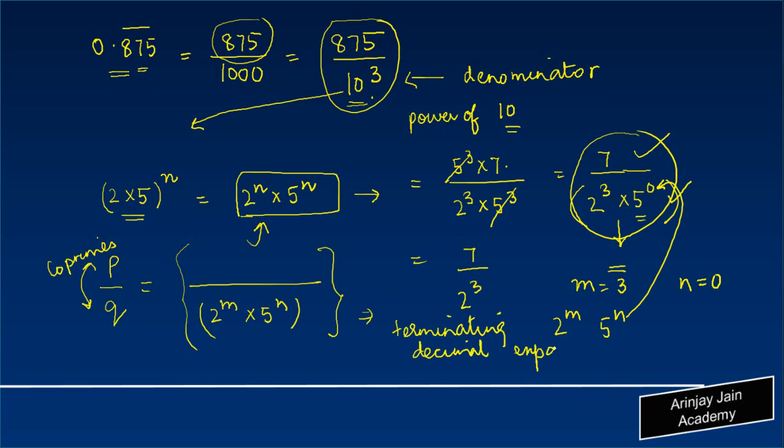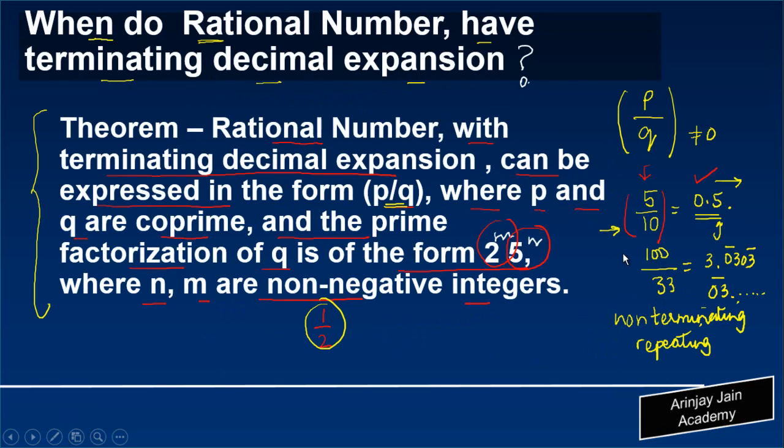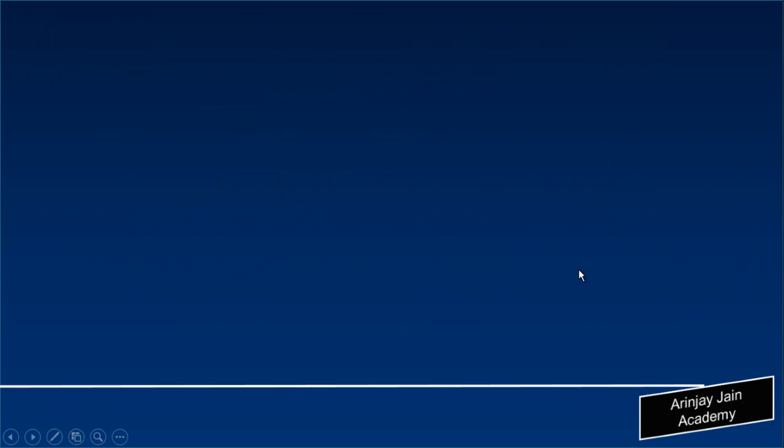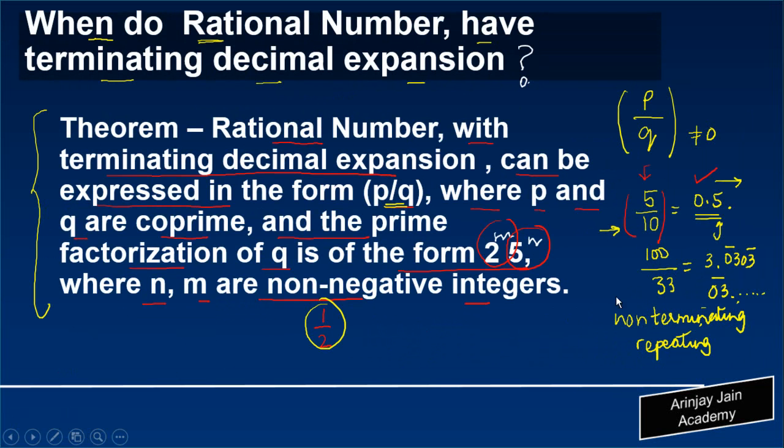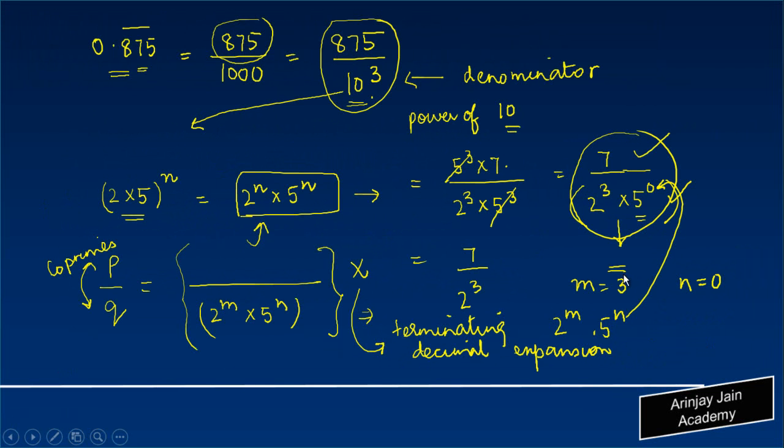It follows that if it cannot be written in this form, then we can easily conclude that the rational number does not have a terminating decimal expansion. It will have a non-terminating but repeating decimal expansion, something which we saw over here in the case of 100 divided by 33. We'll look at one or two problems relating to this concept in the next video.